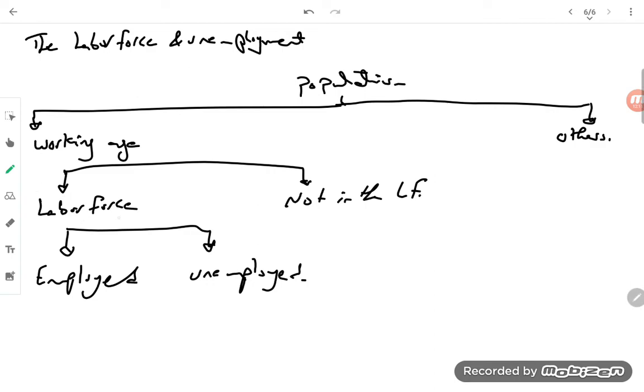So total labor force is the summation of employed and unemployed people.